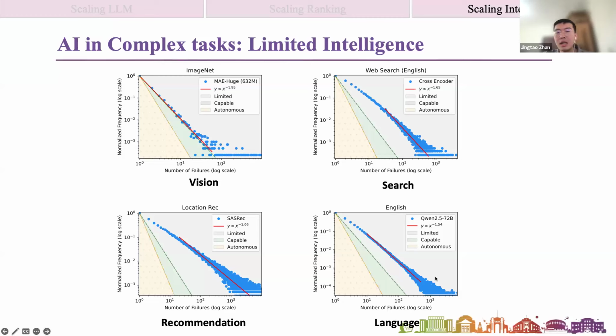And this is for language models. We use, for example, coding, question answering, and writing, just to predict the next token, and they all fall along this limited level. This means that, and I think search is the most intuitive one, if we want to see which document is relevant for us, and our models are at the limited level, it means that we need to see almost infinite documents until we see an actual relevant one.